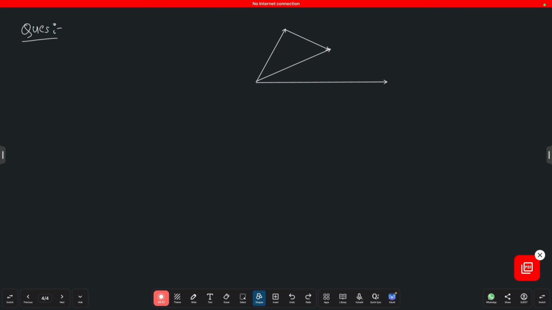Look here, I'm joining this to this, this to this, and then I'm saying this is O, this is A vector, this is B vector, and this is C vector. And this is L, this is M. What is the given information in the figure?